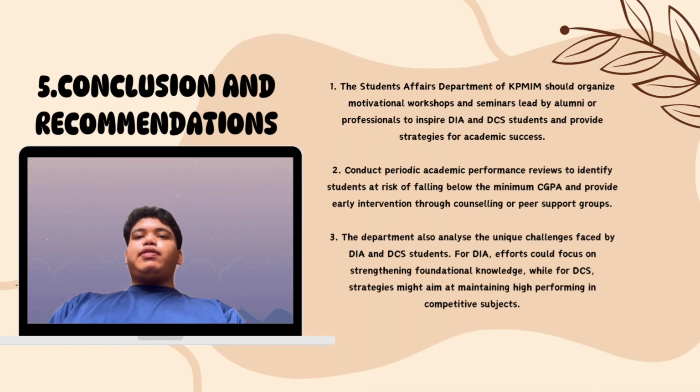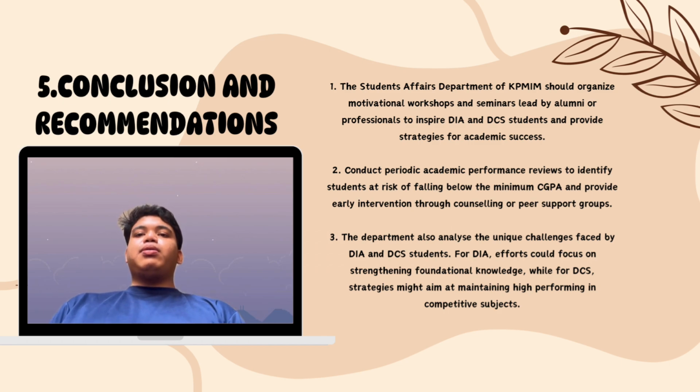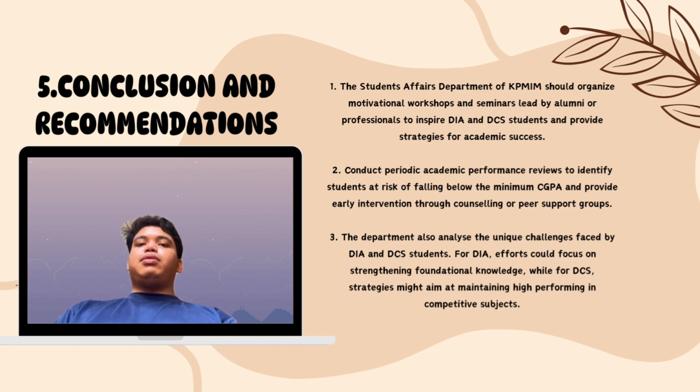The Student Affairs Department of KPMIM should organize motivational workshops and seminars led by alumni or professionals to inspire DIA and DCS students and provide strategies for academic success. Second is to conduct periodic academic performance reviews to identify students at risk of falling below the minimum CGPA and provide early intervention through counselling or peer support groups.